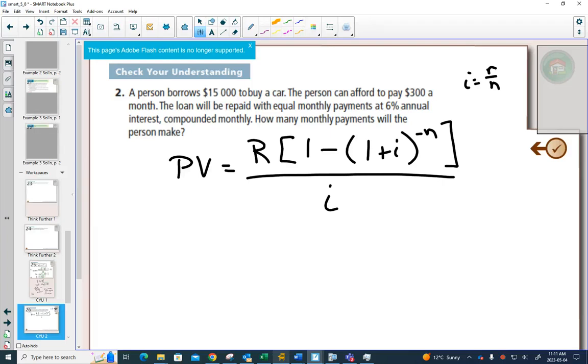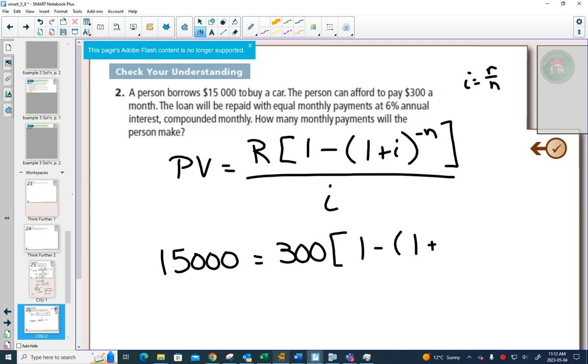And we would plug everything in. This time, you're borrowing $15,000. So the present value is you owe $15,000. You can afford to pay $300 a month. And they say, we'll give you an interest rate of 6% compounded monthly.